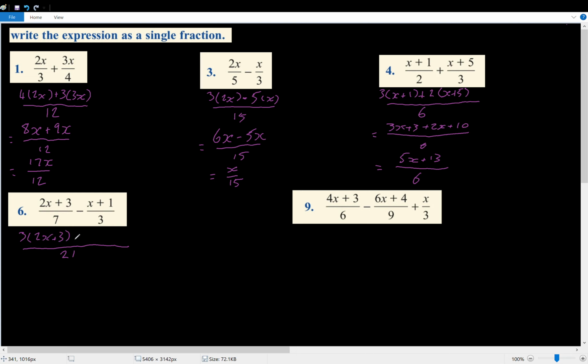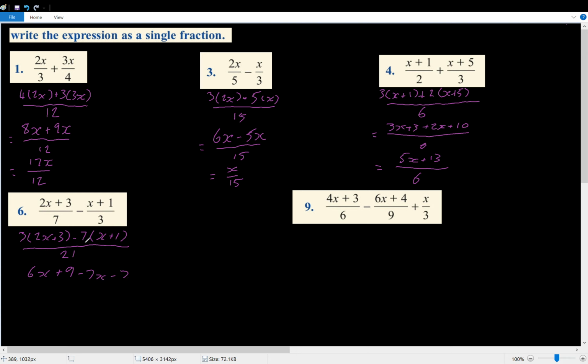Our minus in between stays in between. And then 21 divided by 3 is 7, so it's going to be 7 times whatever's on top there, x plus 1. When we expand our brackets out, we're going to get 6x plus 9 minus 7x minus 7.